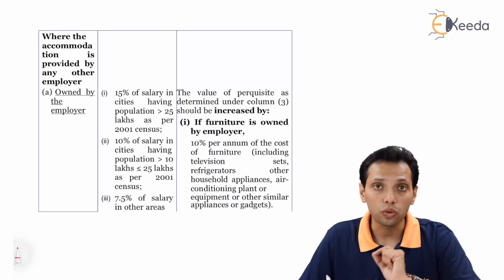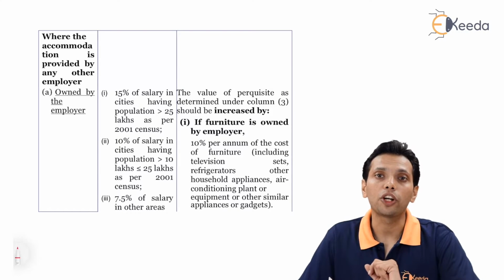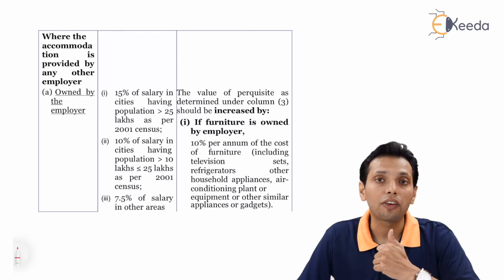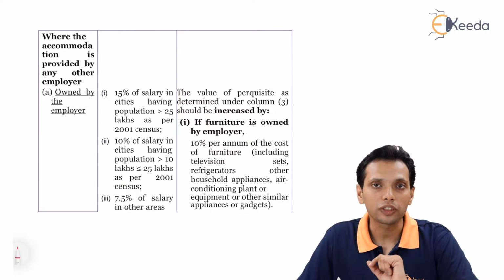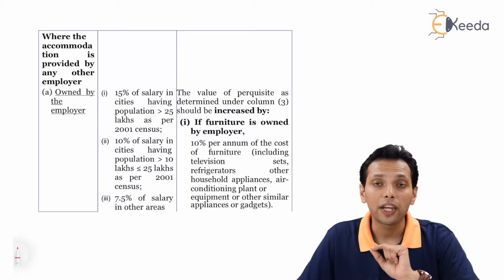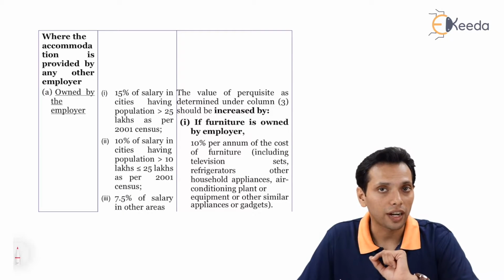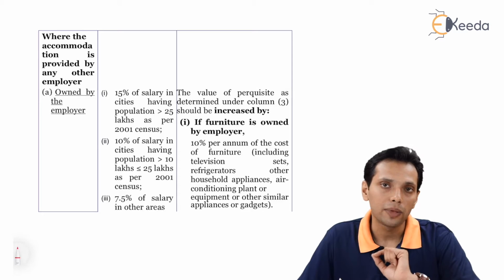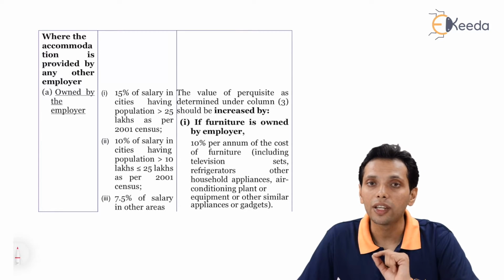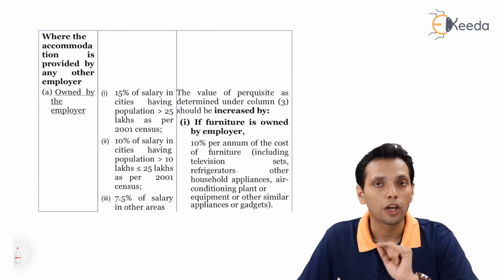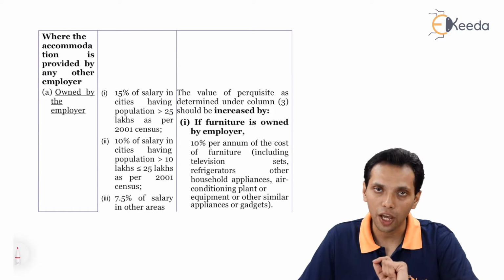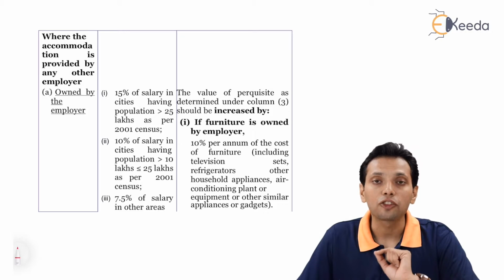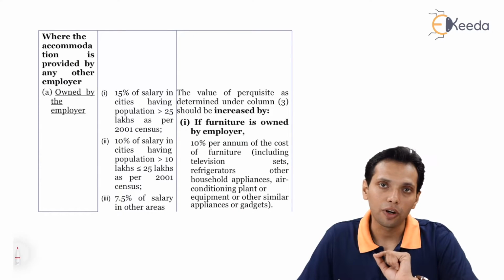Category 2 subcategory 2, that is where the accommodation is taken on rent by the employer. In those cases, the actual rent for the accommodation paid by the employer, or 15% of the salary of the employee, whichever is less between the two, will be considered as a perquisite value.